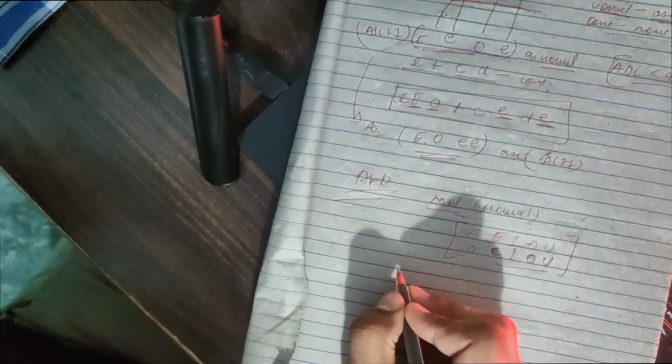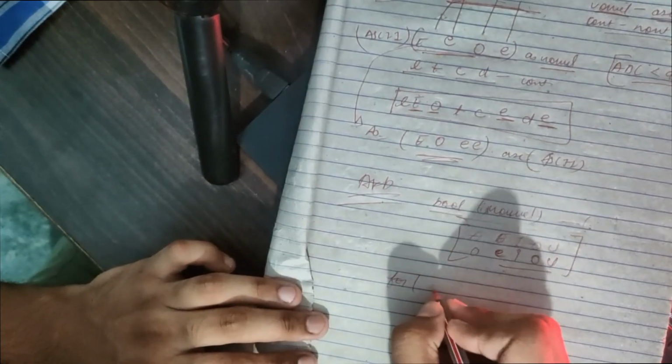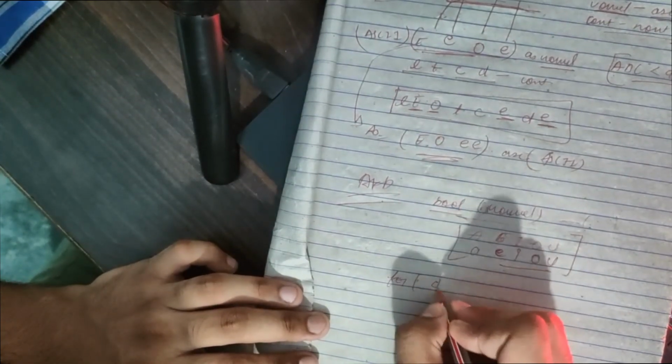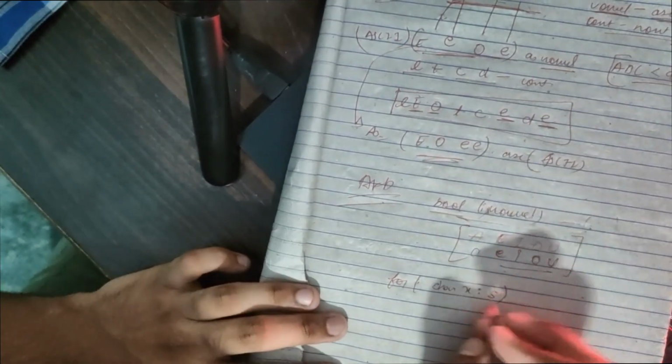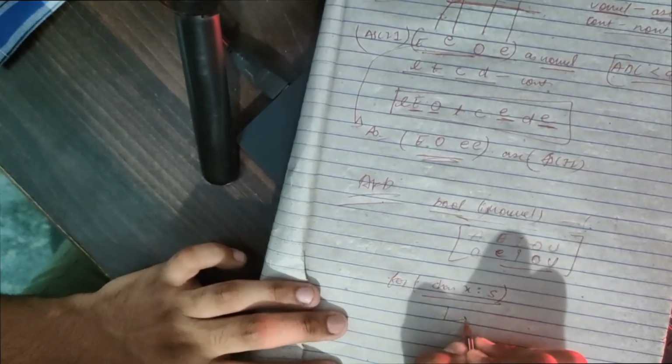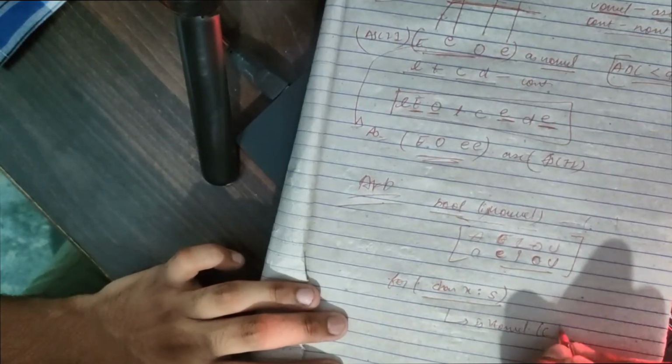So what are we going to do next? We will go through each element. We will make a for loop over each character in the string we are given, checking whether it is a vowel or not. If it is a vowel, we will push it into a vector.